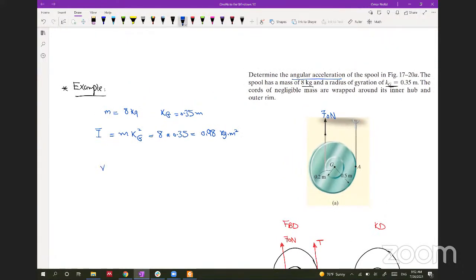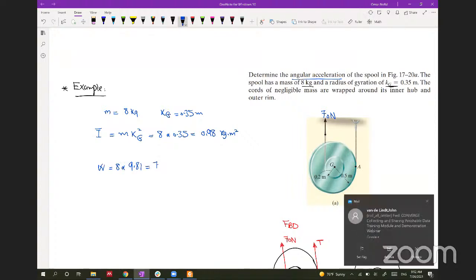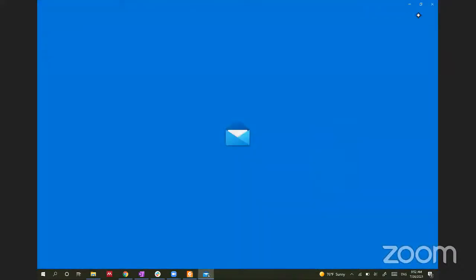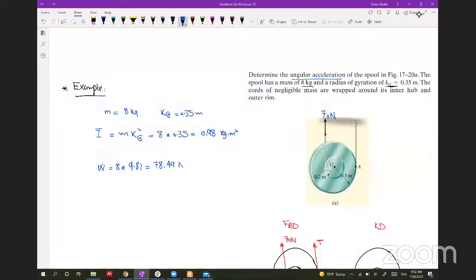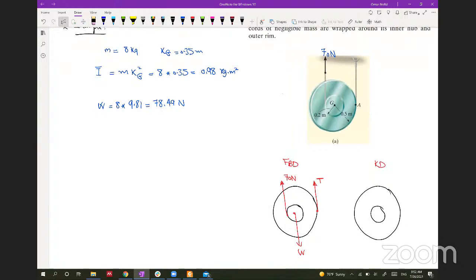The weight will be equal to 8 multiplied by 9.81, and this will be equal to 78.48 Newton. Okay, so the weight will be equal to 78.49 Newton.